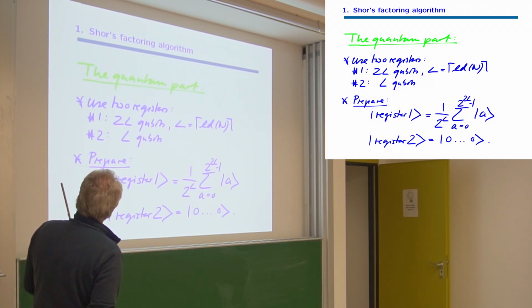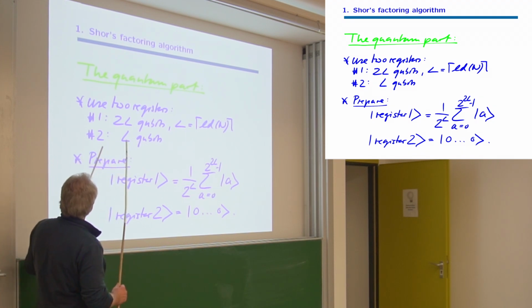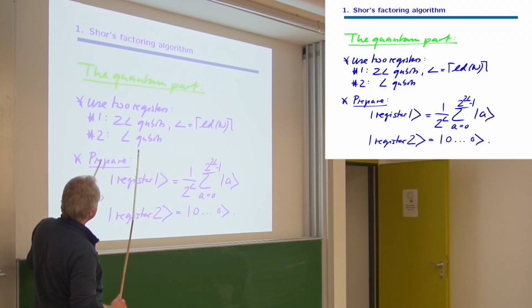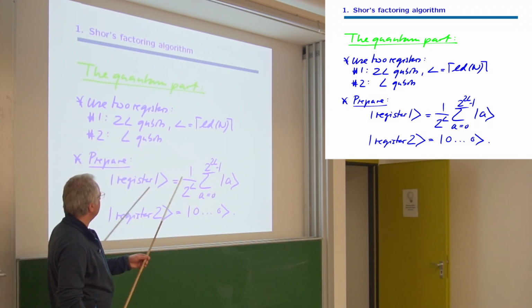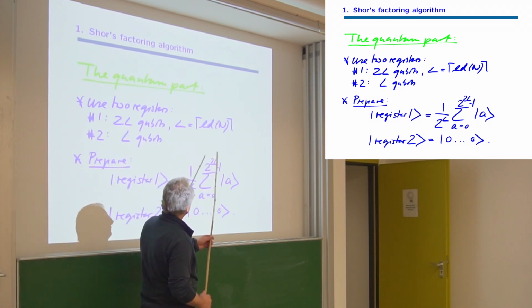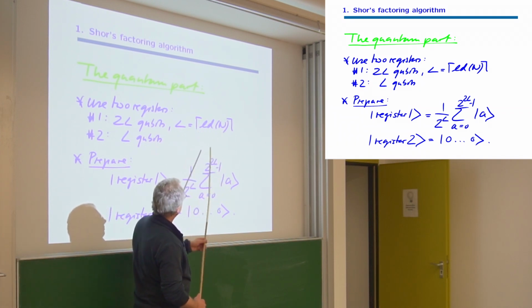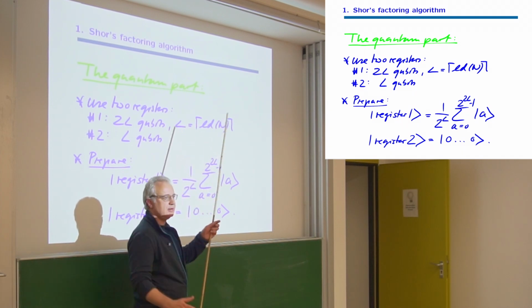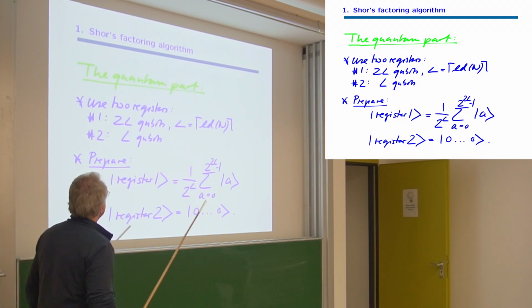Okay, so now it's going to be quantum. And so what we do is we use 2 quantum registers, and their size has something to do with the length of the bit string. So n is our number, logarithm base 2, integer part thereof, this is our length L. I mean, the length of the number in binary digits.